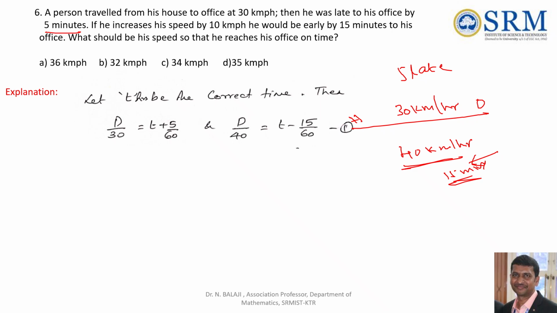Distance by speed gives the time taken, and it equals t plus 5 by 60. Why are they writing 5 by 60? They are converting 5 minutes into hours. With the increased speed, the distance traveled is at 40 kilometers per hour, then 15 minutes early, so 15 by 60, converting minutes to hours.